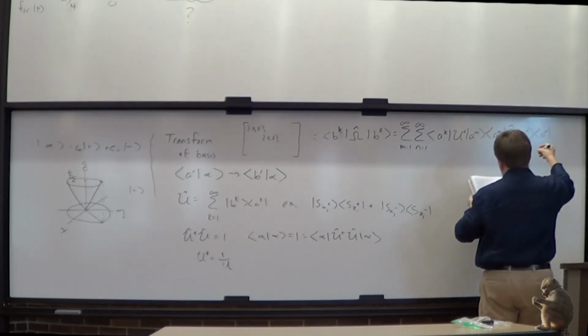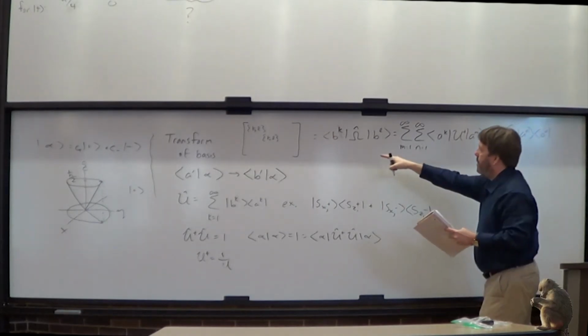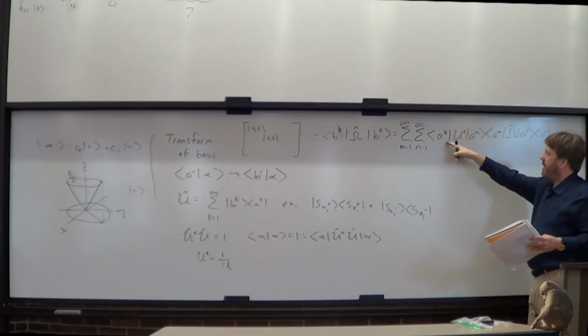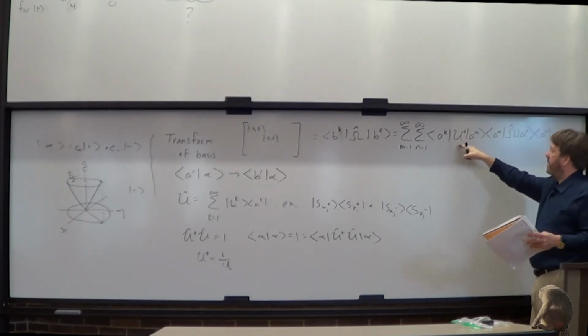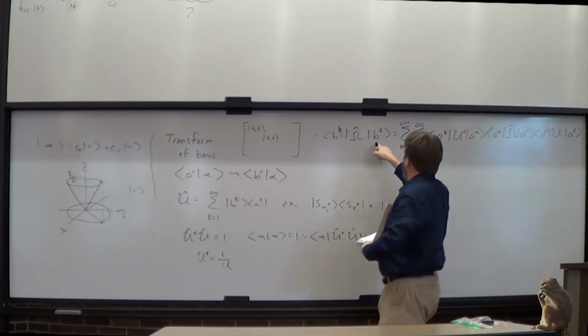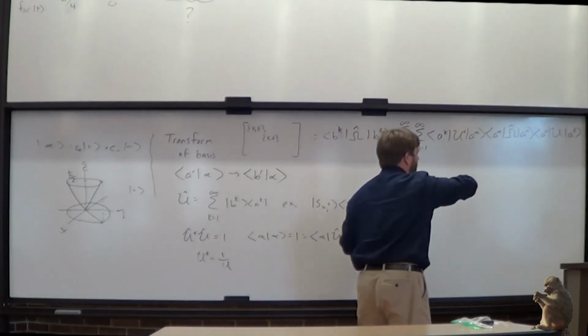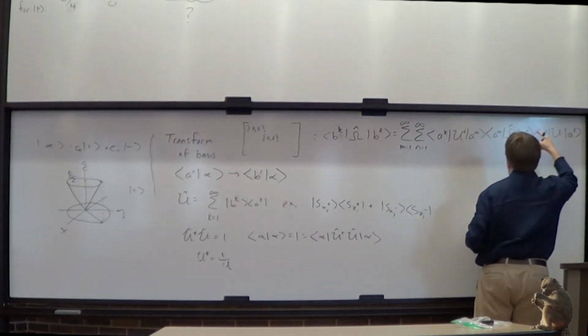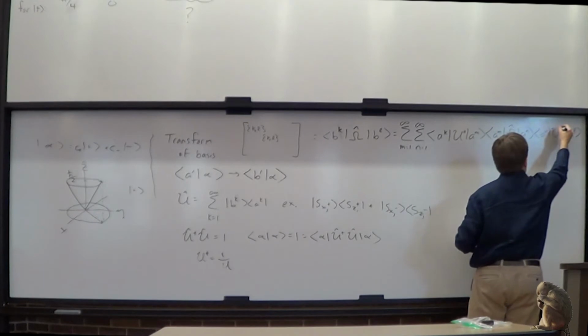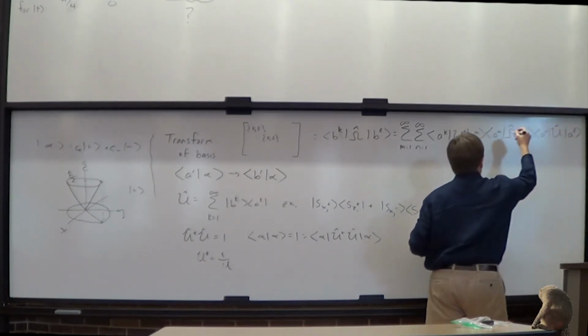And all I've done is I put a B state to the left, which is actually an A bra with the U matrix adjoint. Then this B to the L ket is just the transformation operator times the A to the L state.